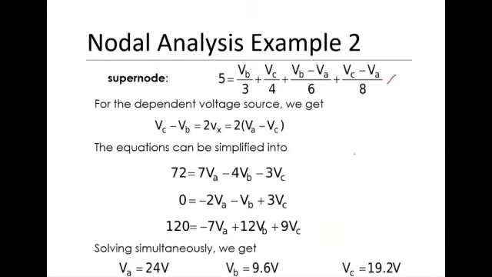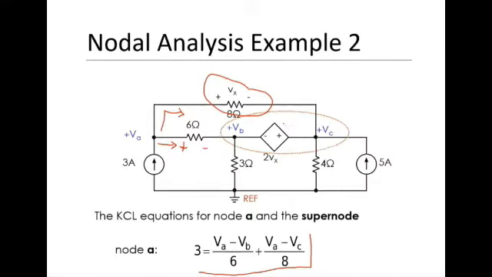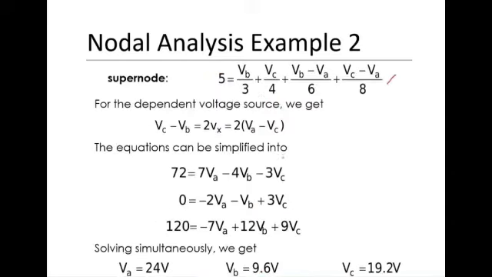Since we have a dependent voltage source, the dependent voltage source forces the potential difference between VC and VB to be equal to 2Vx. The positive sign is in the direction of VC. Therefore, the equation between them is VC minus VB is equal to 2 times Vx.